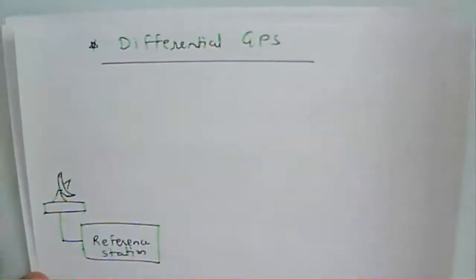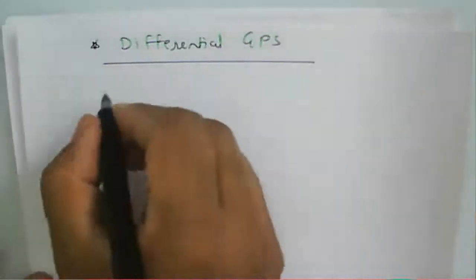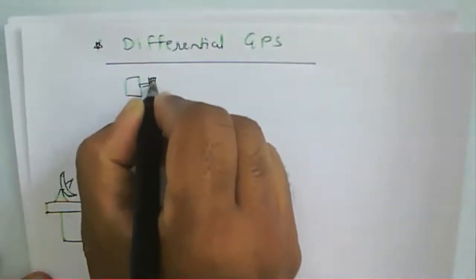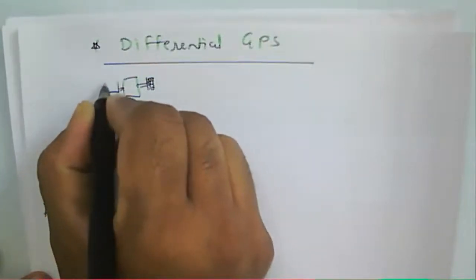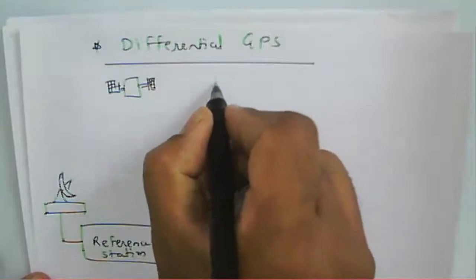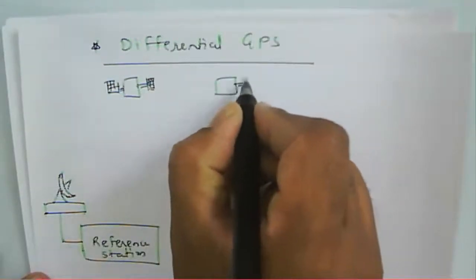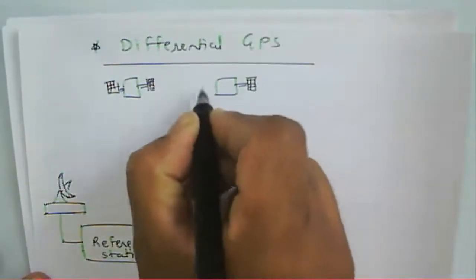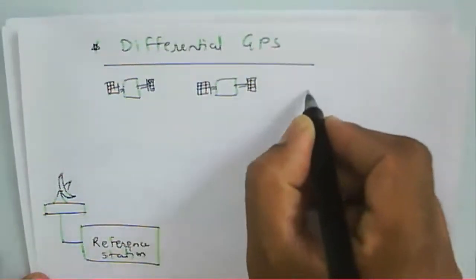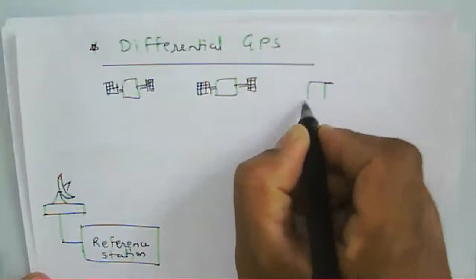Here is your antenna, the transmitting station, and here there are multiple satellites, because the signals are received from multiple satellites. Okay, I will just draw the diagram first.